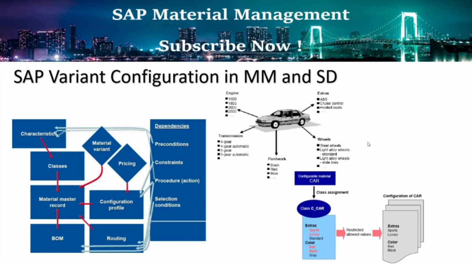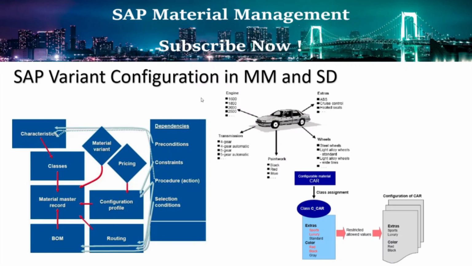Today we are going to talk and explain SAP Variant Configuration in Material Management and as well in SD. For this we are going to demo and show all the customizing related to a third-party process where the material is a material that is configurable.